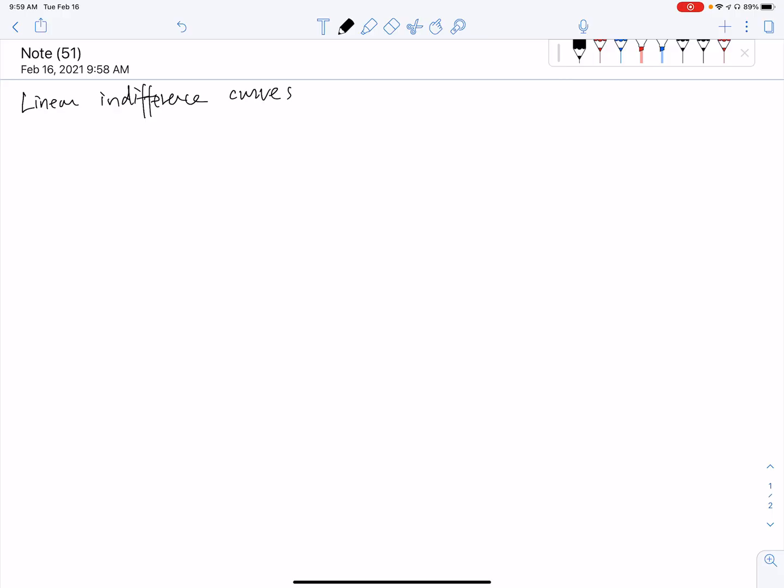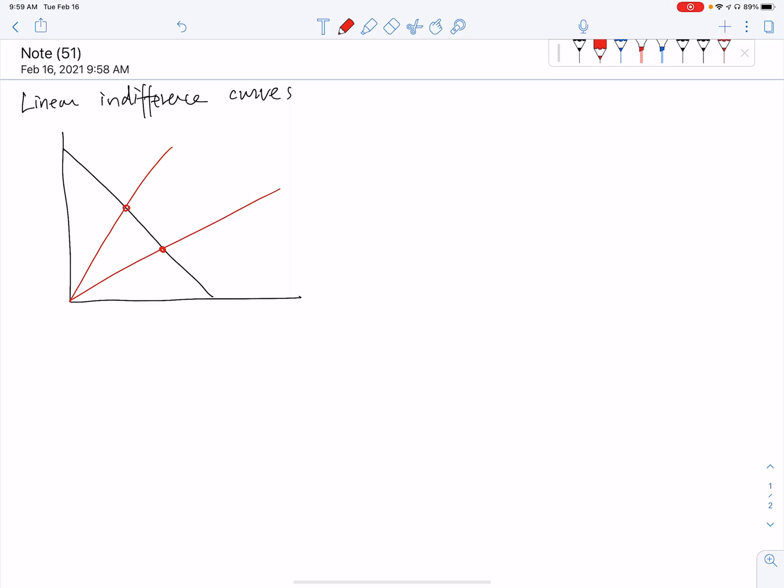So how does it look? The linear indifference curve is like that, right? Here, when the ratio of the second good's consumption against the first good's consumption changes, the MRS doesn't change at all, right?